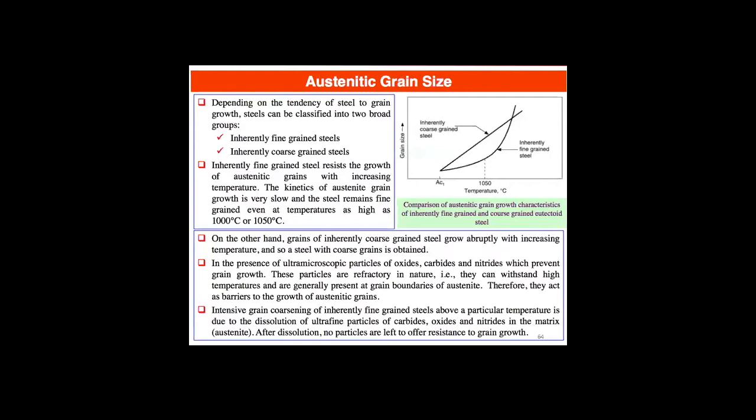If we are either too high in temperature or in a system that doesn't have sufficient formers for secondary phases, then those particles are going to dissolve and we won't have any resistance to grain growth, right? And this will come back. We'll see as we go through some different materials how we get these different carbides.